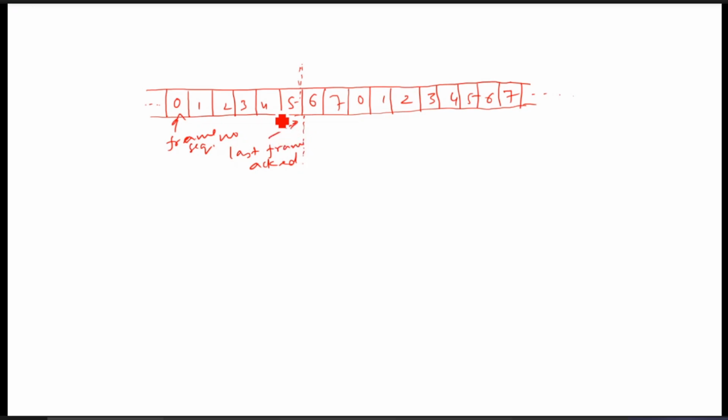So here you see frames are numbered, and up to this one it has been acknowledged. Up to 5 frames, acknowledgement has been received. The 6 and 7 are transmitted but not acknowledged.